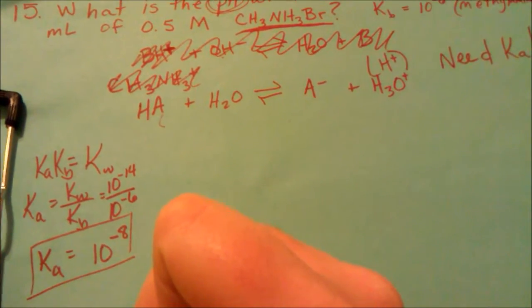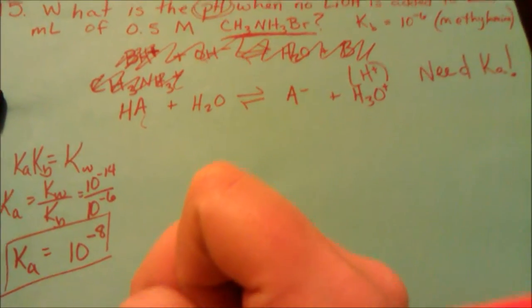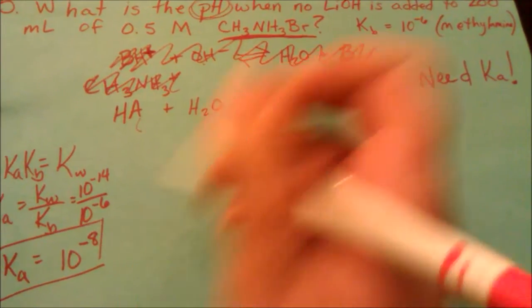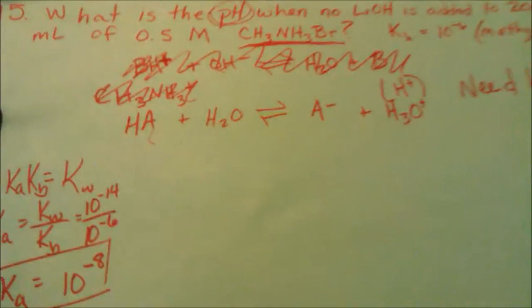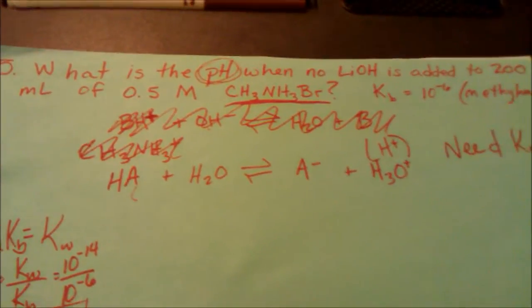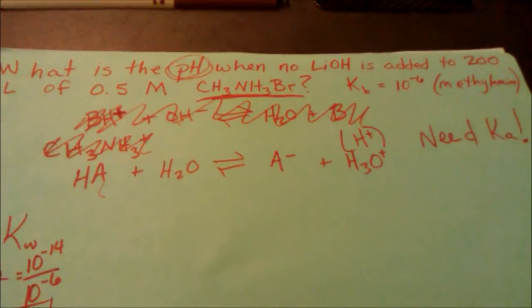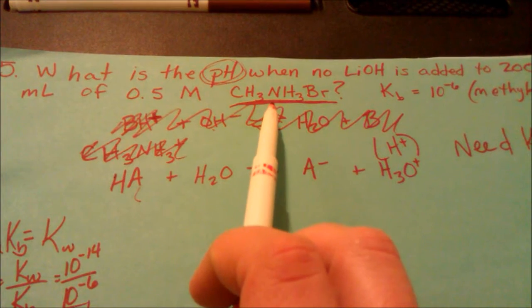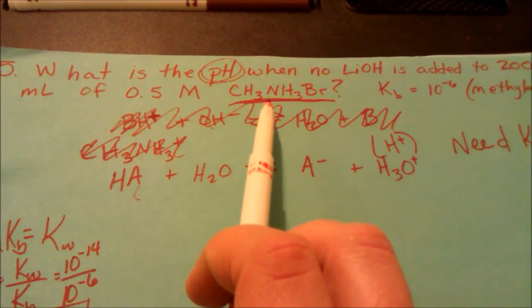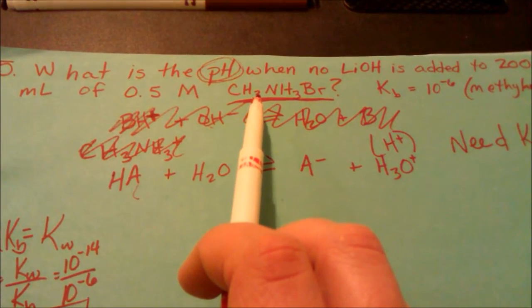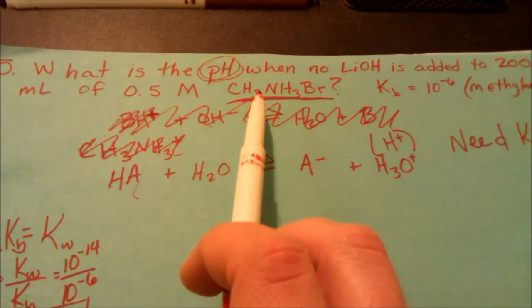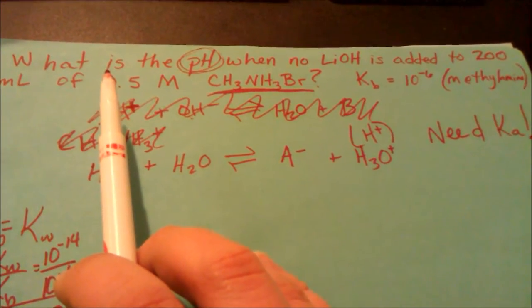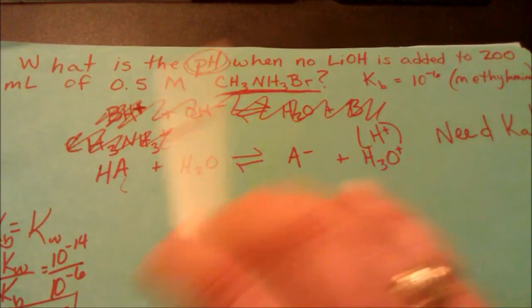That's worth knowing. Now that we have that under our belts, we can take a second to do an ICE table. This question asks us to think in the case of 200 milliliters of 0.5 molar CH3NH3Br. Why does it matter how much we have? In this case, it actually doesn't, because we're not doing a neutralization reaction.